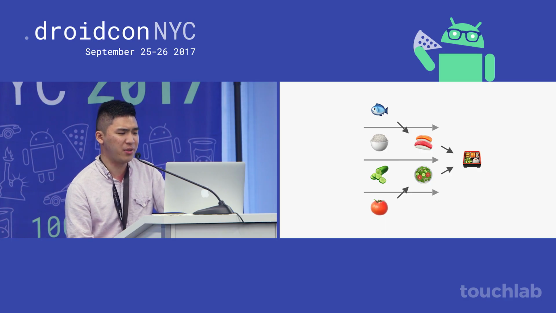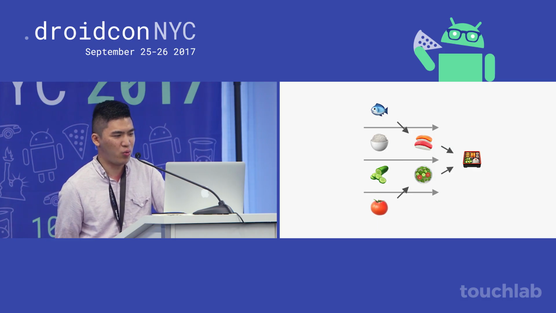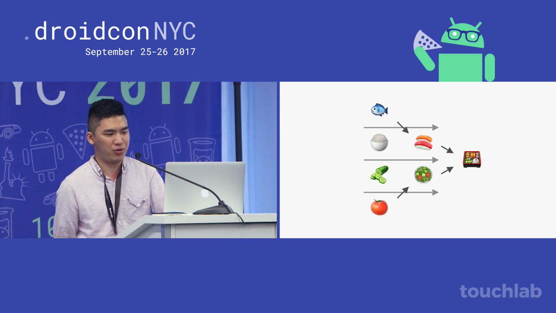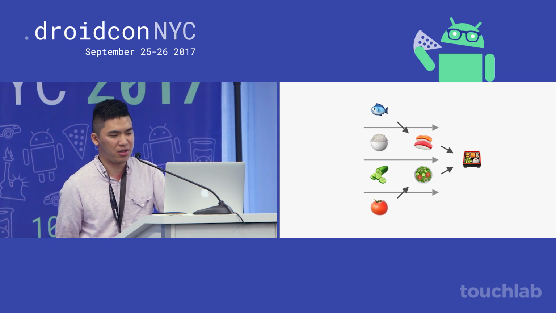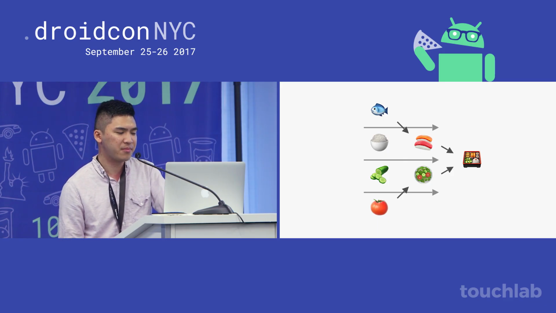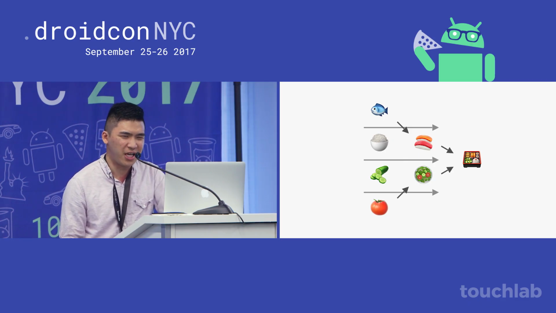So in RxJava, we had to go and specify the thread that the dependency is created on. So you can imagine that if the fish and the rice were both observables, in order to create the sushi, you need to be observing both observables. And there are ways of doing that. I think one of them is like Observable.combineLatest.